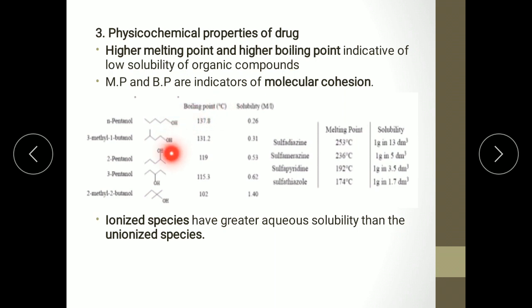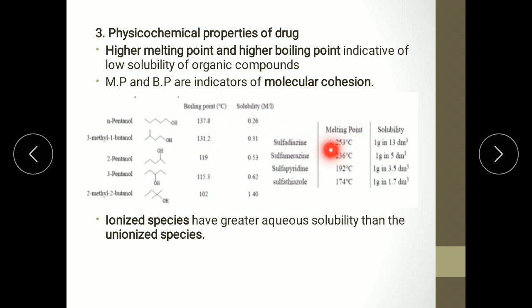Here some examples are given. You can see n-pentanol and 2-methyl-2-butanol. 2-methyl-2-butanol has a boiling point of 102, whereas n-pentanol has 137. n-pentanol has a solubility of 0.26, whereas 2-methyl-2-butanol has a solubility of 1.40. It indicates the lower the boiling point, the higher the solubility; the higher the boiling point, the lower the solubility.